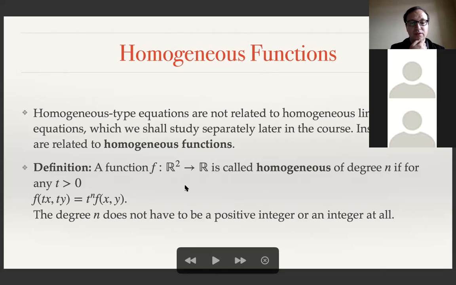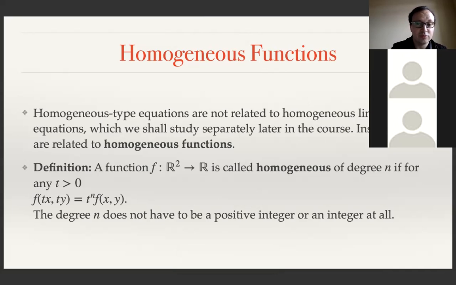Let's first define it and then give examples that show the similarities and distinctions between the two notions that have a very similar name. The word homogeneous is the same in both names, so I have added the word "type" to homogeneous equations on purpose, so that we can distinguish them at least by name.